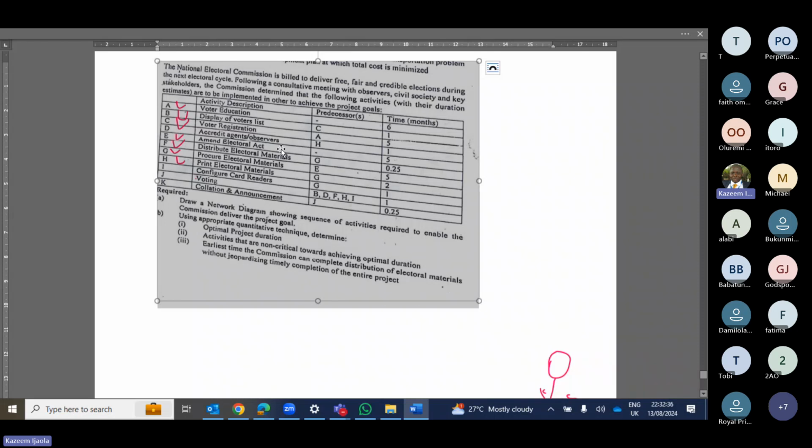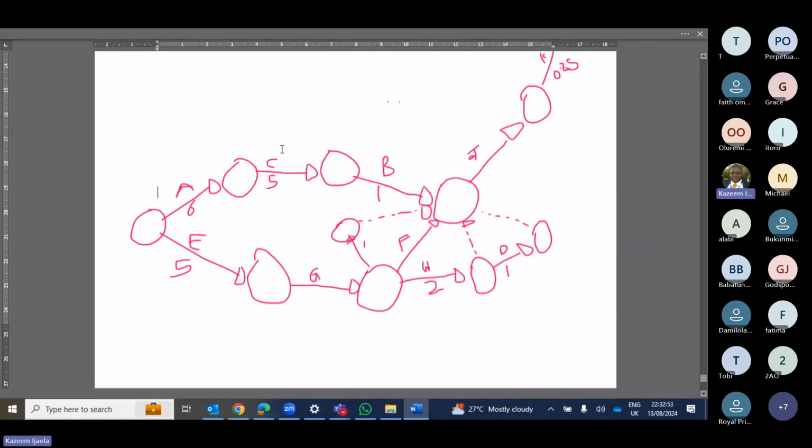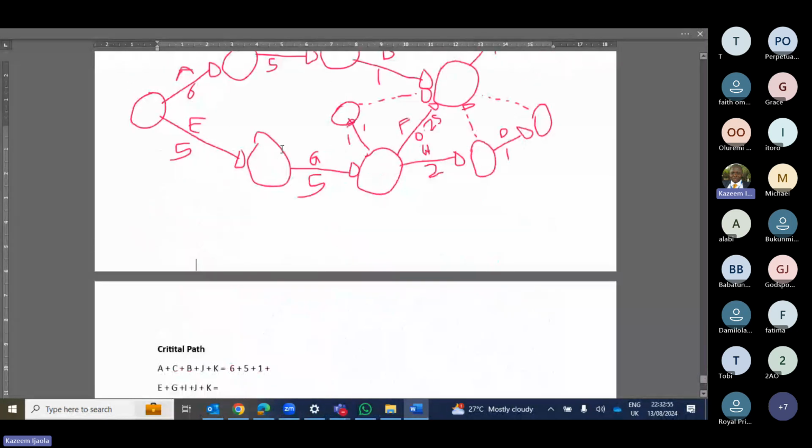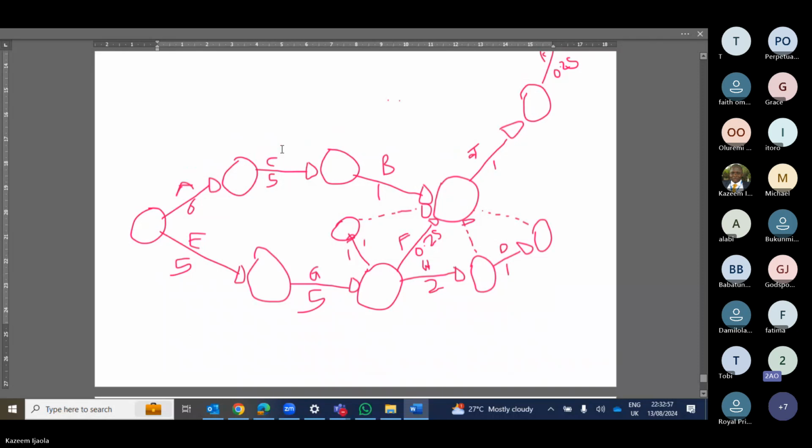They never say we should calculate in days. So our answers will be in time, in months. Don't convert, since they did not say to do it in days. If they say do it in days, then you convert. Just put whatever answer we get in months.